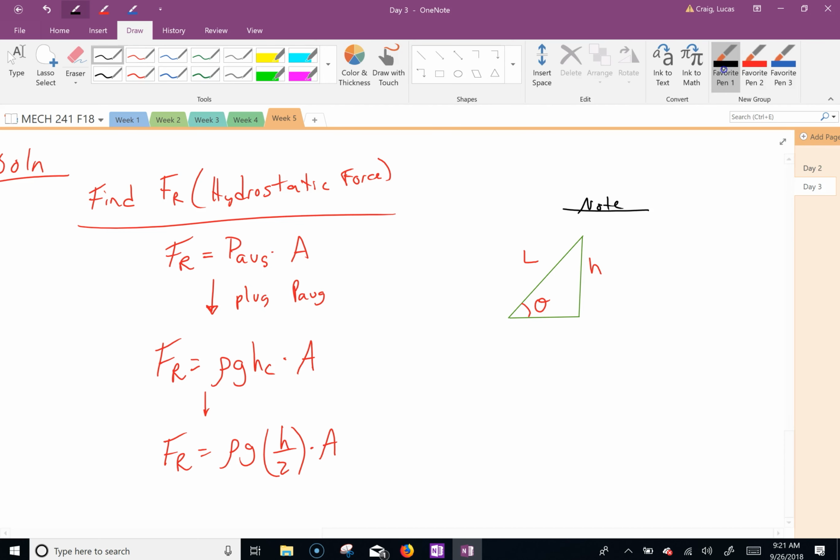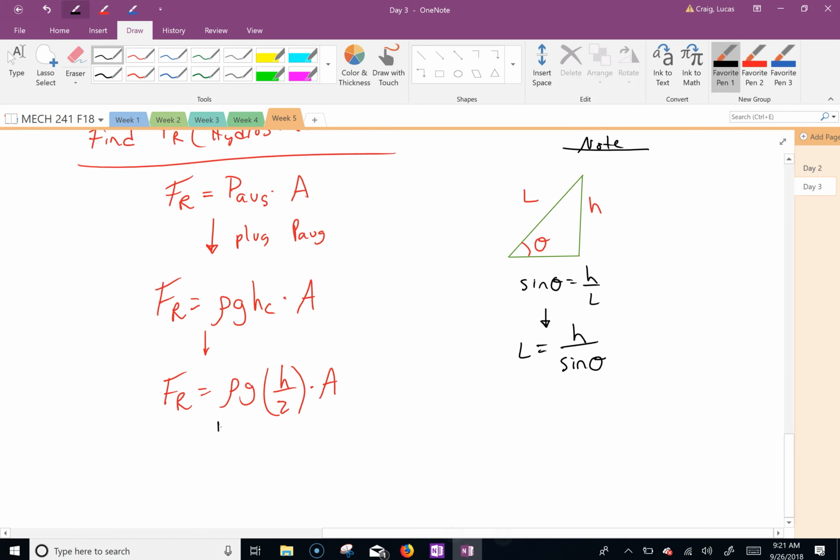So, sine of theta equals H over L, and L equals H over sine theta. Any guess why I want L? For the area, yeah.